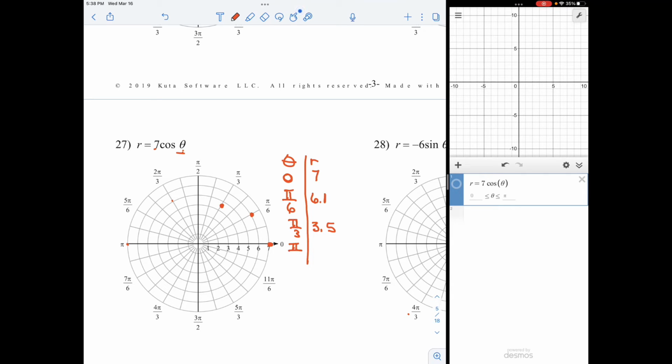And then let's try pi over 2. At pi over 2, cosine is 0, so I go back to the pole. That would be 0 at pi over 2. Let's do 2 pi over 3.